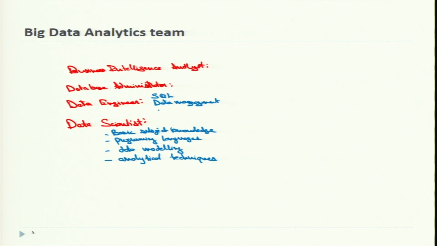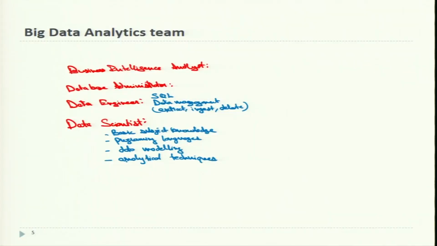By management I mean extract, ingest, delete, etc. The person should know these so that he keeps on guiding the data scientist on what the person needs to do or not. Yes, these two roles are interchangeable in a way. In a small team, the data engineer and data scientist jobs could be done by the same person.